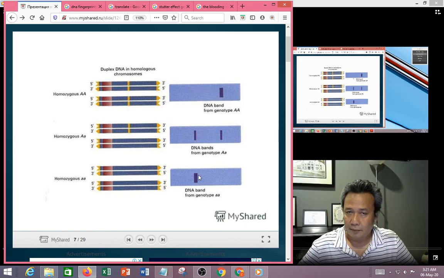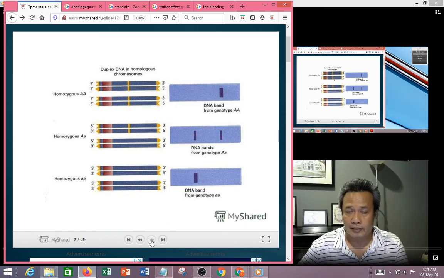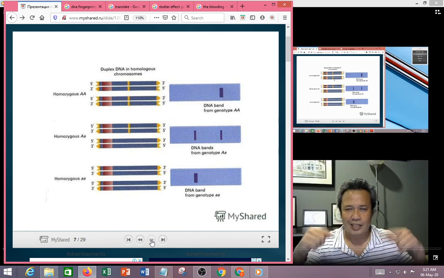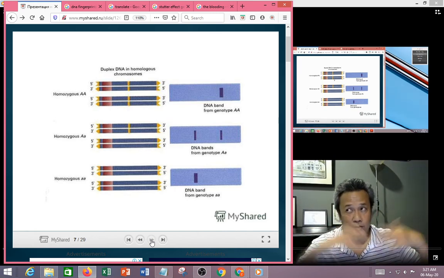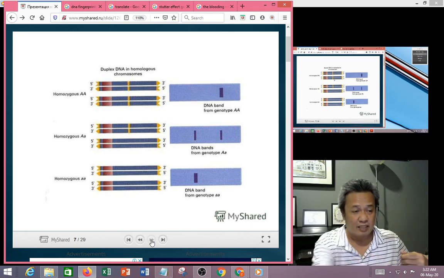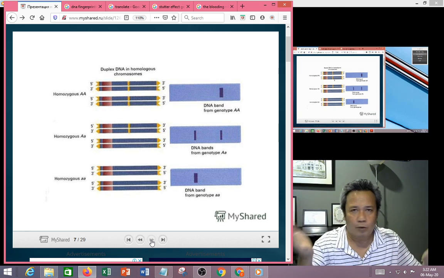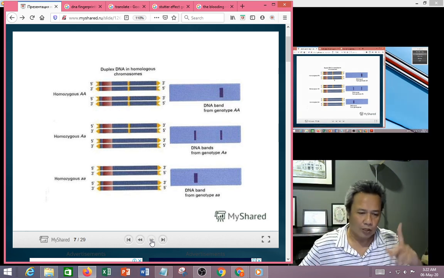So you have this kind of pattern. Again, this is just detecting at one locus. What is a locus? A locus is a location on the chromosome. For humans you have 22 or 23 pairs of chromosomes. This is detecting at one site, one place alone, one locus.